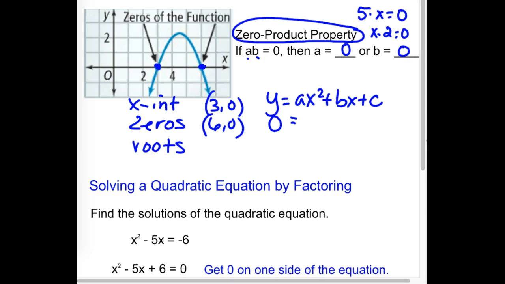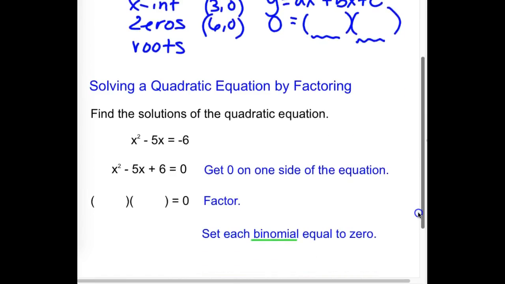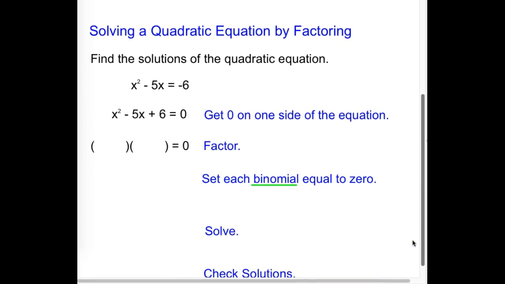So our process today, we're going to take our quadratic, we're going to get it factored, and then either this first factor has to be 0 or the second one would have to be 0. We're going to look at what values for x would make that true. All right, so our first example, we have x squared minus 5x equals negative 6.